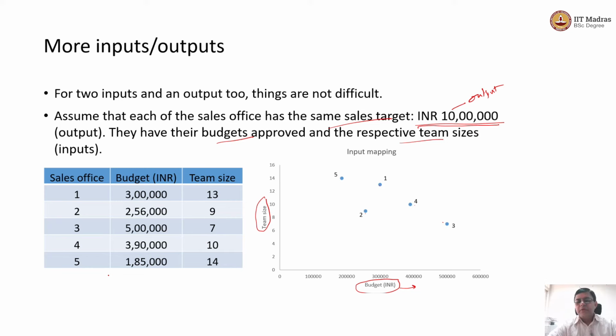Now, how do you look at efficiency? Which economic units, or which of the sales offices, would you call efficient sales offices? Obviously, we are plotting only inputs, so lesser is better. So those economic units which consume fewer resources, fewer inputs, therefore smaller team size, smaller budgets, or both, will in general come out as efficient units.